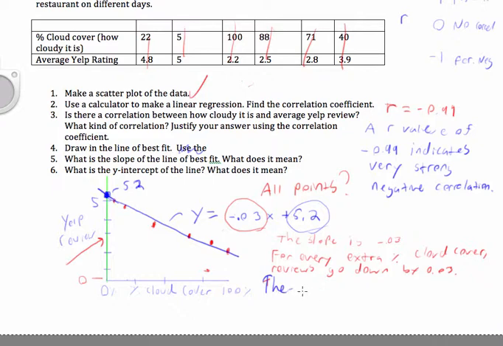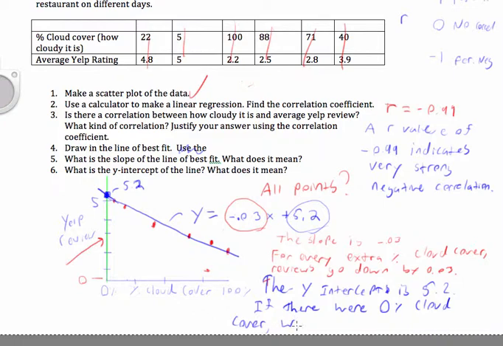The y-intercept is 5.2. What this means is if there were 0% cloud cover, we would expect a rating of 5.2.